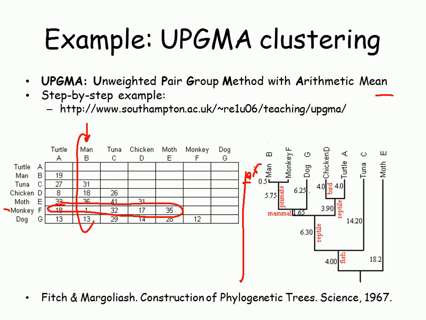And I will add a new row to this matrix. Let's call it man and monkey. Okay. So what's the distance between man and monkey, this new group, and turtle?